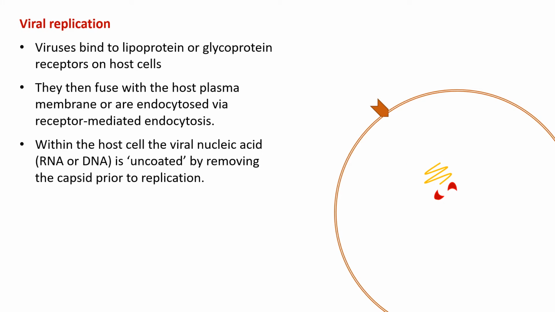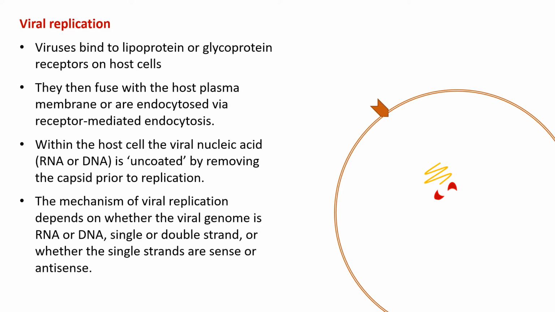Once they're in the cell, they lose the capsid, so they uncoat. Because they're removing their coat, this capsid, they're exposing their genome, their RNA or DNA, so that it can then be used for replication.